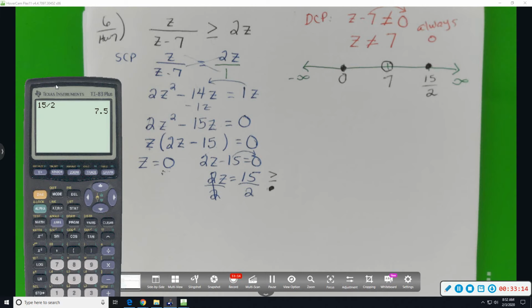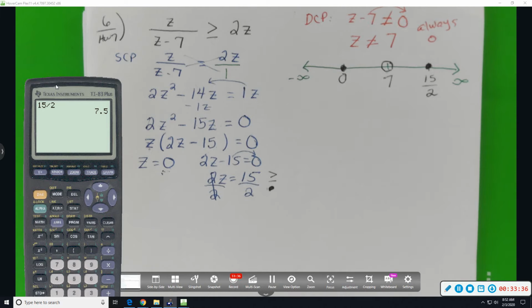Now you can't test 0 here. Why? Because it's a cut point. So you're going to have to choose another number to use as a test point. What number do we want to use as a test point?